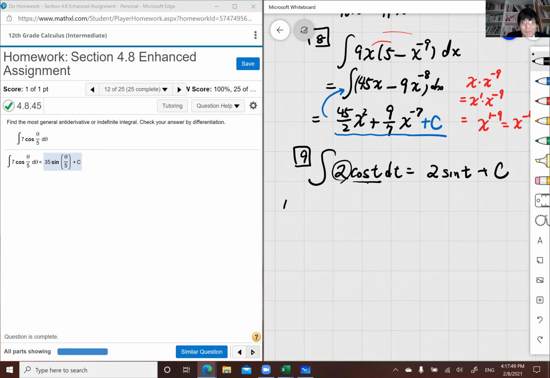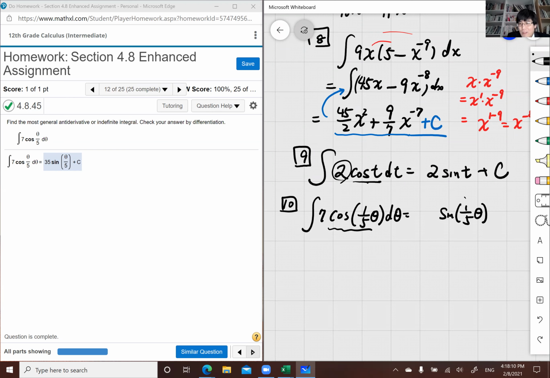Next one, number 10. So the inside is the same thing as 1 over 5 times theta. So again, this is cosine of some linear function. So just integrate it to get sine of the same angle.